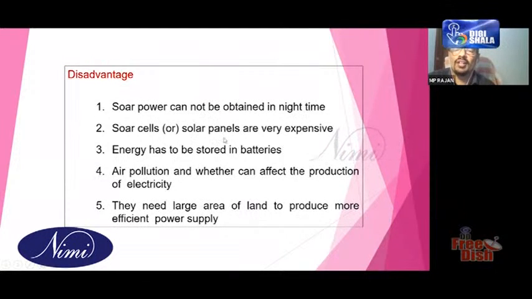Okay, solar cell panels are very expensive. Still, the production cost of solar panels is high. Mostly we are importing solar cells from outside, although India is keenly there in this field of manufacturing. Still, the solar panel initial cost is high. So that is why people are reluctant.